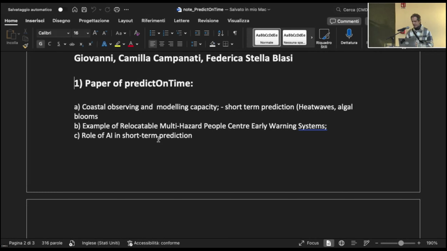If we also use AI approaches, we need a lot of data to calibrate the models, and very often we lack them.